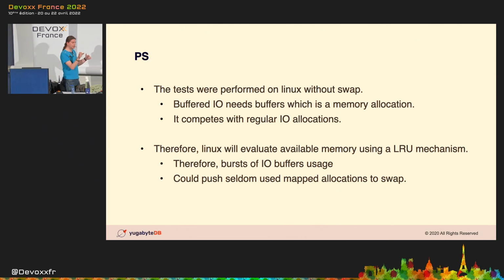If you have pages for an executable which are only used during startup, so bootstrap code for your application, these pages will have a single touch, which means that if your IOs get a bit higher and they need memory, then the kernel will start paging, and it will page out these blocks of bootstrap code because they only had one touch, so they are lower on priority than things in the cache, which means these get paged out.